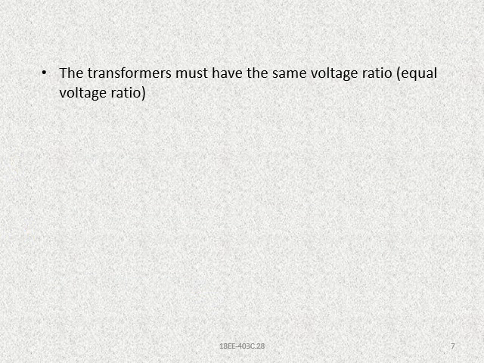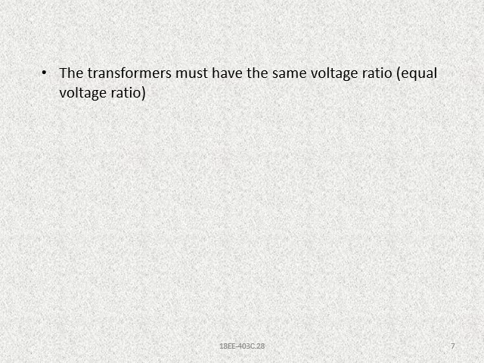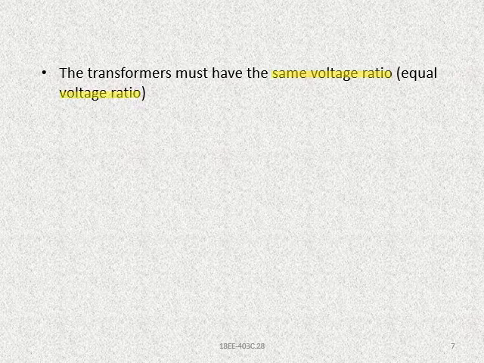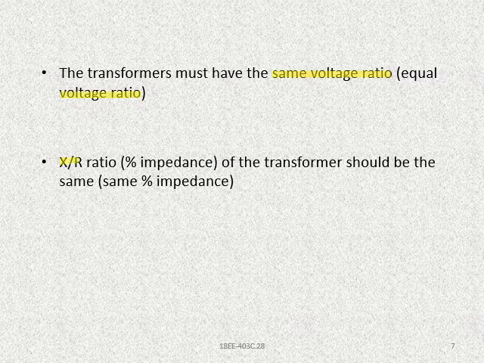The other points are: the transformer must have the same voltage ratio, nothing but equal voltage ratio, and the other is X by R ratio, nothing but it is also called the percentage impedance of the transformer, should be the same.